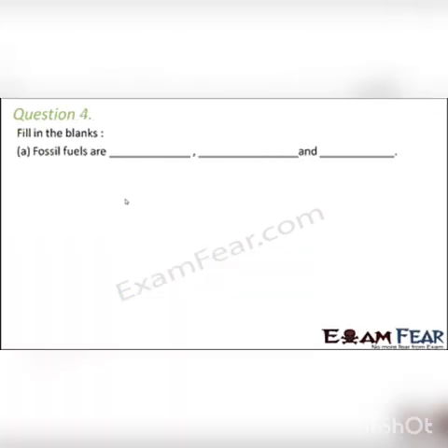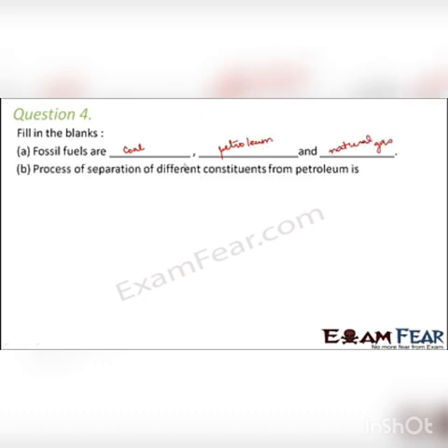Question number 4. Fill in the blanks. Fossil fuels are dash, dash and dash. What are the 3 fossil fuels that we talked about? Coal, petroleum and natural gas. Process of separation of different constituents from petroleum is called. So what are the various constituents of petroleum? Petrol, diesel, kerosene, paraffin wax, lubricating oil. They are all various components.